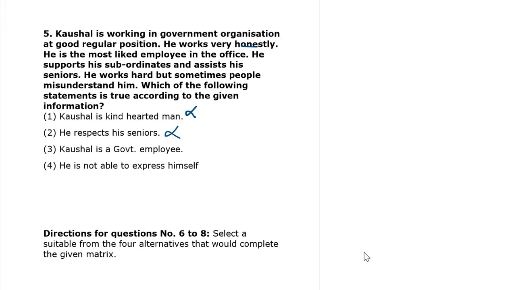Is a government employee: this one is given. Kaushal is working in a government organization at a good regular position is given. So this one is correct. He is not able to express: this is also not given in this paragraph. Pause it, read the paragraph and answer it. The answer is the third one. Next.